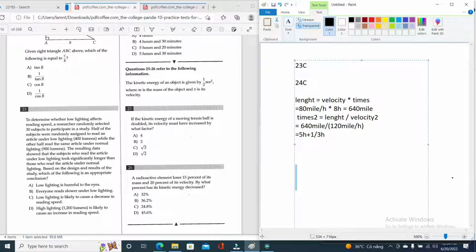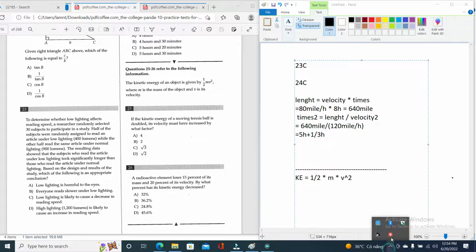The kinetic energy, KE, of an object is half of its mass times velocity squared. So KE equals a half mass times velocity squared. If the kinetic energy of a moving tennis ball is doubled, its velocity must have increased by what factor?